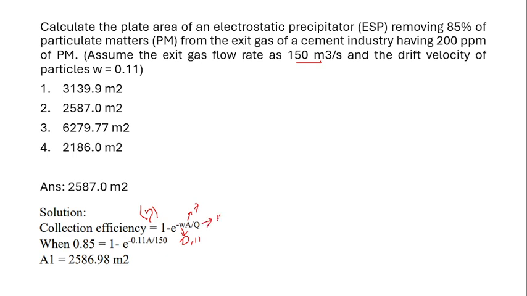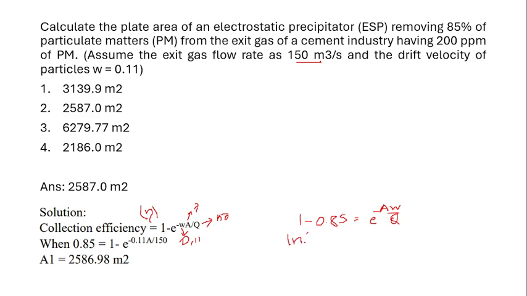We substitute all the known parameters. 1 minus 0.85 is equal to e power minus Aw by Q. Again we have to eliminate this exponential factor, so we take ln.